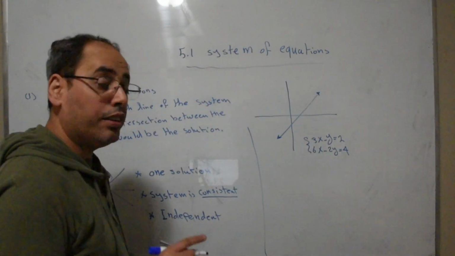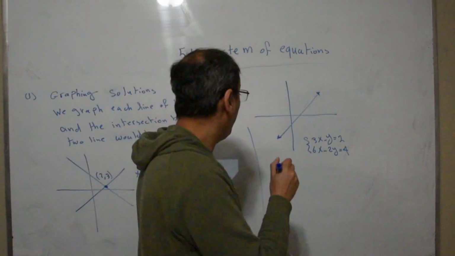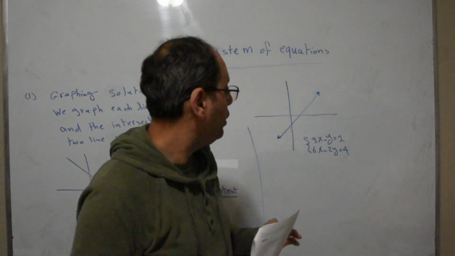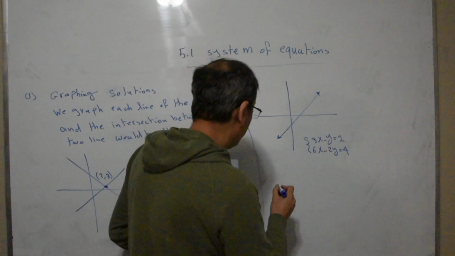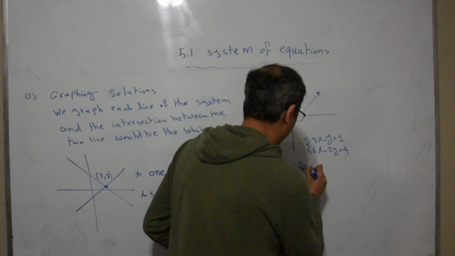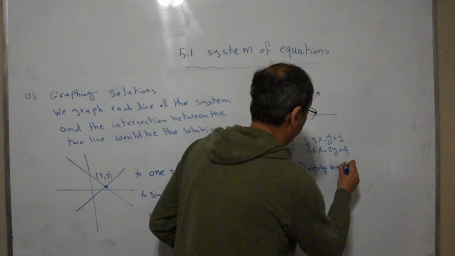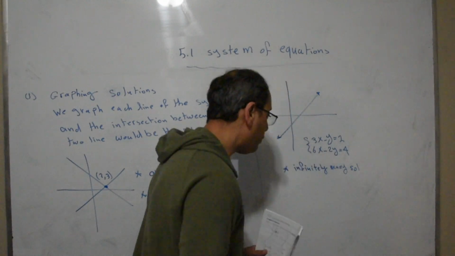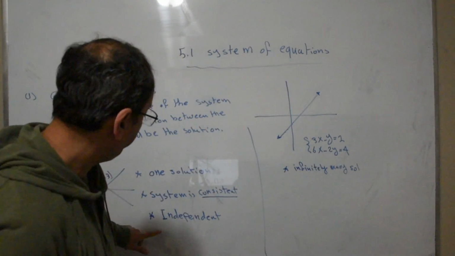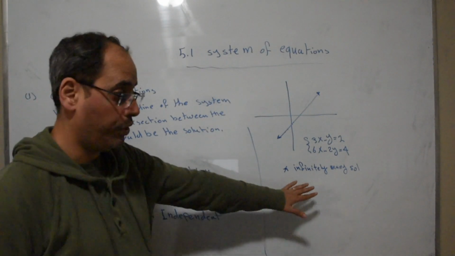In this way, the solution is that they intersect in every point on the line. They are overlapped. So how many solutions here? Here I have infinitely many solutions. Do I have solutions? I do have solutions.